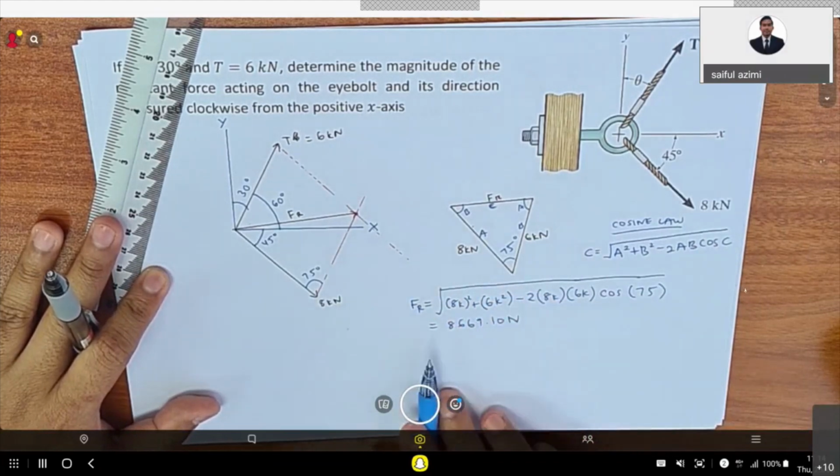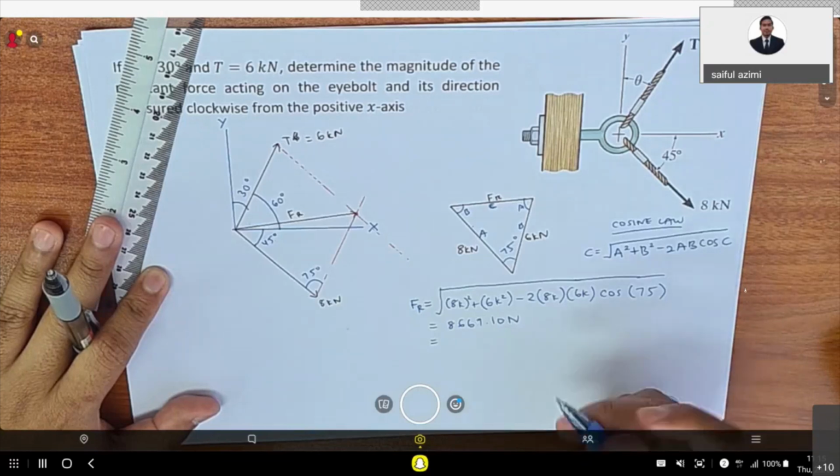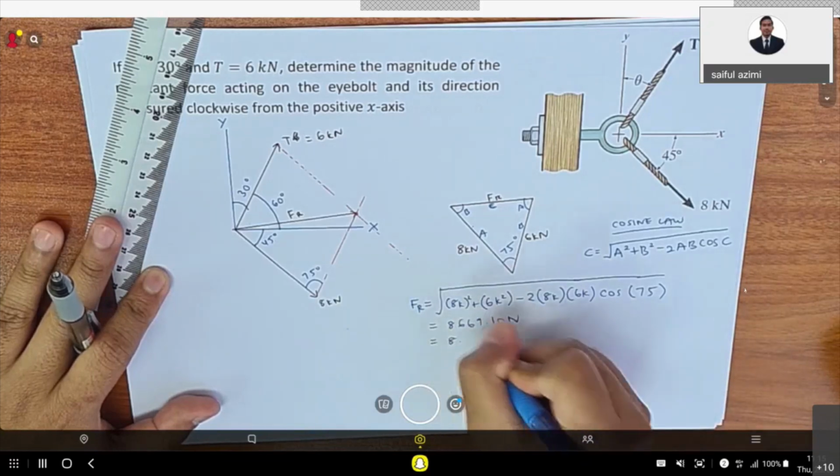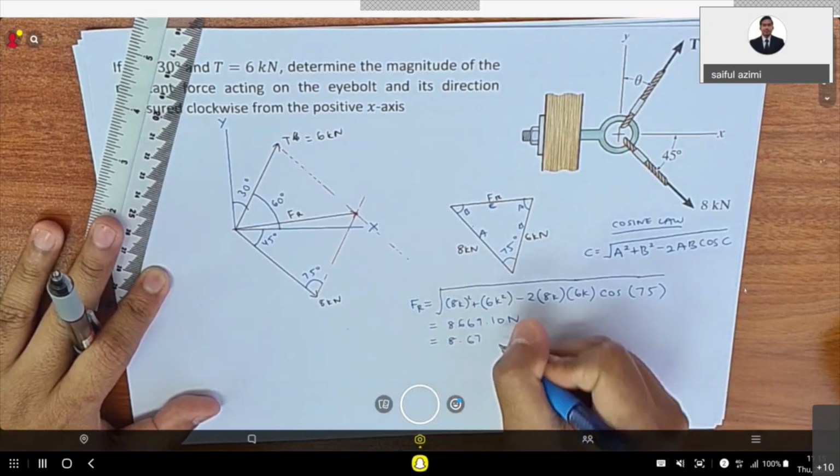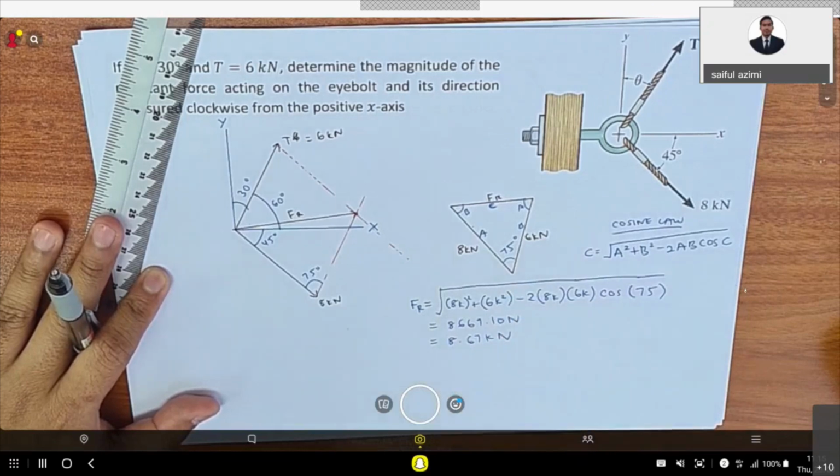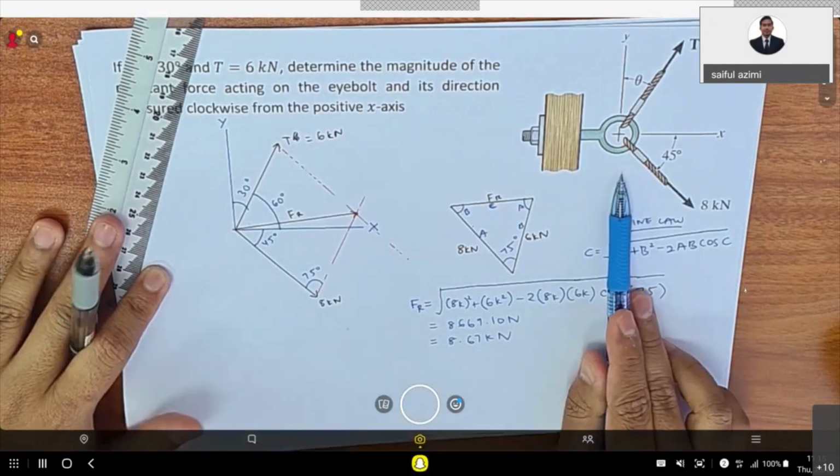As we already learned, if the value is quite large, we put a prefix, so it becomes 8.67 kilonewton. This is the magnitude of the resultant force for this question.